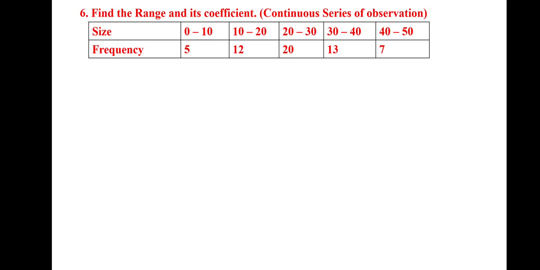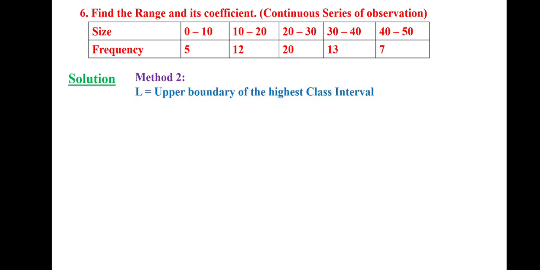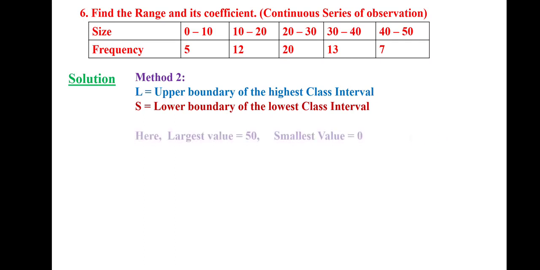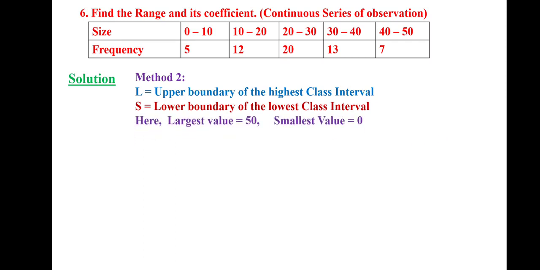So for the solution, method 2, the upper limit of the highest class interval is considered as L, the upper boundary, and the lower limit of the lowest class interval is S. So L equals 50, because the highest class interval is 40 to 50 and its upper limit is 50. The smallest value is 0, because the lowest class interval is 0 to 10, so the lower limit is 0.